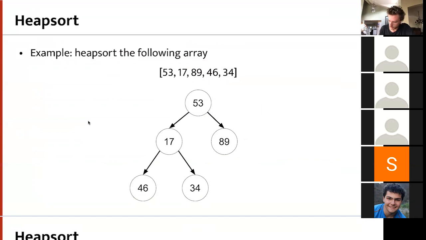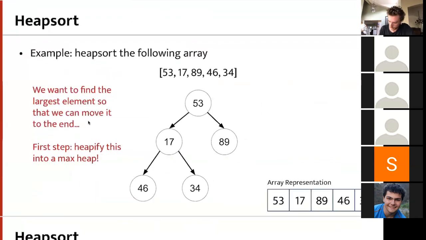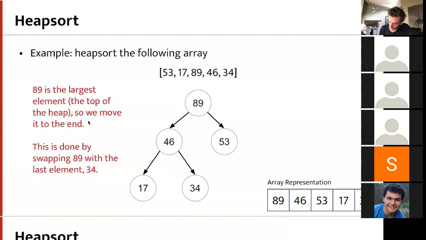Okay, heap sort. Here we have an unsorted array. And the first thing we're gonna do is heapify. So make it into a heap. And then now we have a heap. So then we're gonna start swapping elements, and then we're gonna pop 89 out of the tree, but it's still gonna be in the array because we're trying to have a sorted array.